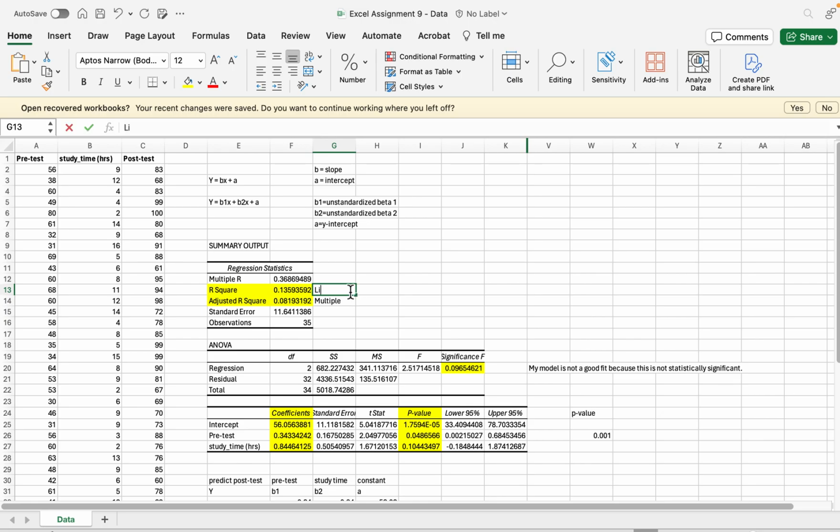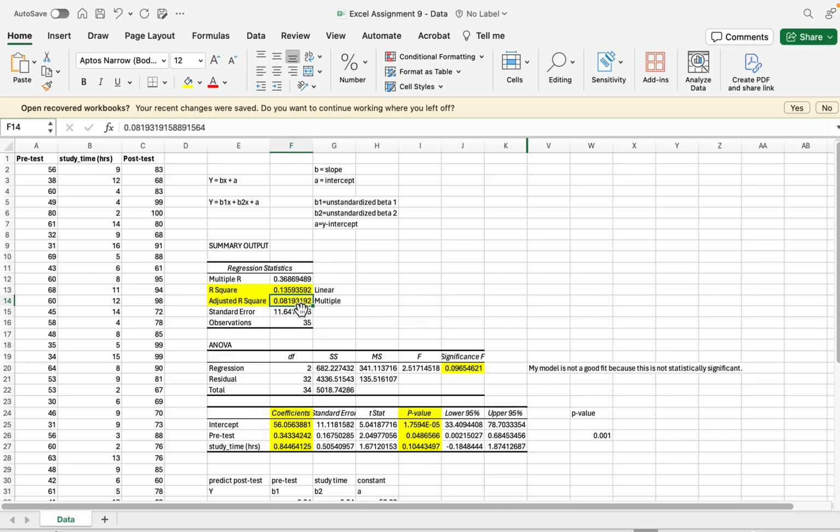And for linear, so multiple is more than just the two variables, more than just the predictor and the outcome variable. And linear is going to just be the two, right? So if this were a linear regression that I did, you'd have this number that you would use, but in this case, we want to adjust for the number of variables we have. So after all is said and done, this is our adjusted R squared.